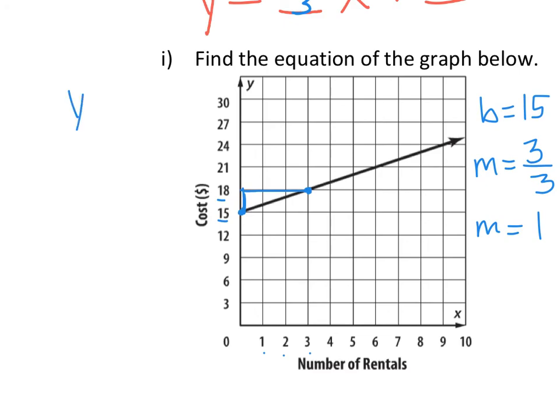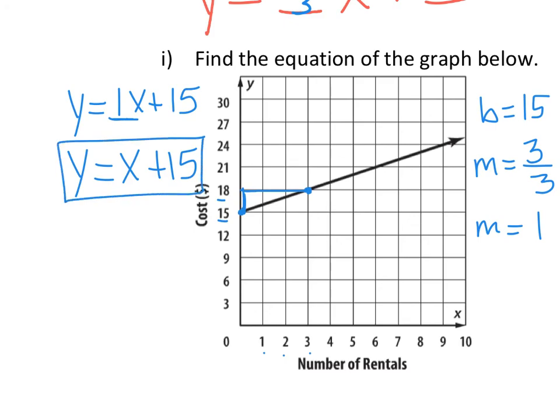Which means our equation is y equals, our m is 1, so 1x, plus b is 15. It is not necessary to write a 1. We can treat it invisible. Okay, so y equals x plus 15 is sufficient. If you left the 1 in there, no big deal. It is still 100% correct.